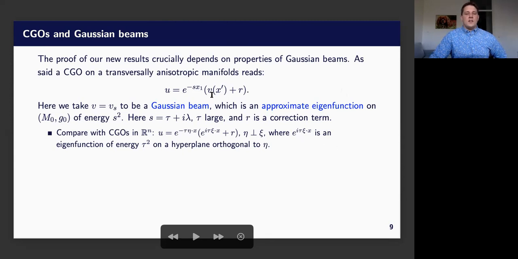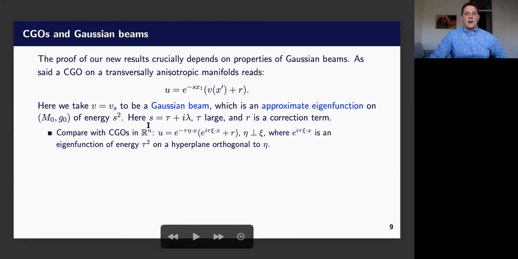And now we take this v. I didn't specify what this v was earlier, but I will explain what it is. So this v will depend on this large parameter s. This v will be a so-called Gaussian beam. The Gaussian beam is an approximate eigenfunction on the transversal manifold, and it has energy s squared.